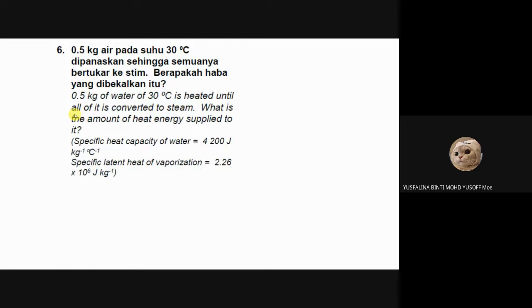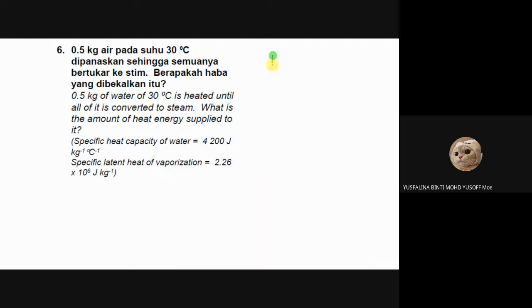Yes, this one. This question asks you to find the amount of heat energy supplied. It says it heated the water at 30 degrees Celsius until all is converted to steam. So 0.5 kg of water at 30 degrees Celsius is heated until all of it is converted to steam.